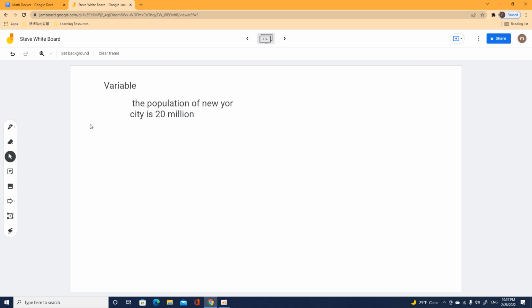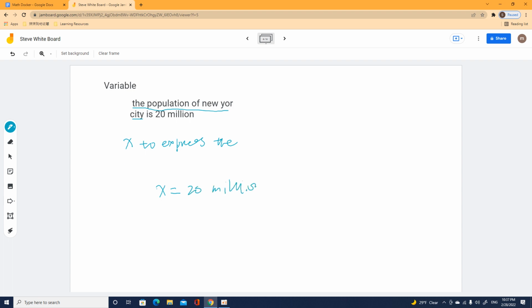In this sentence, we can use a variable to express the population of New York City. For example, we use the x to express the population of New York City. So that means that x equals 20 million.